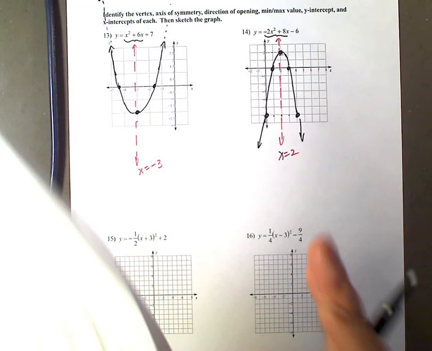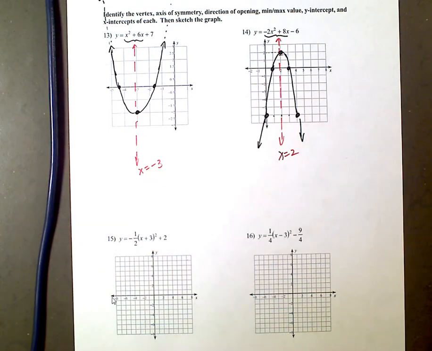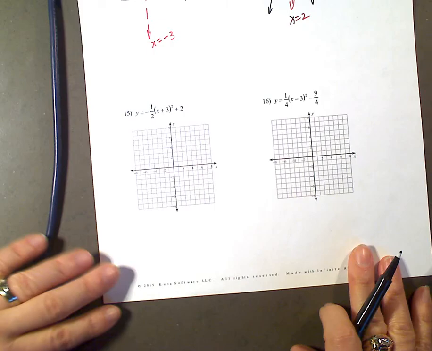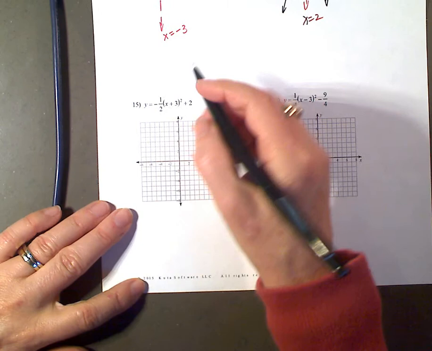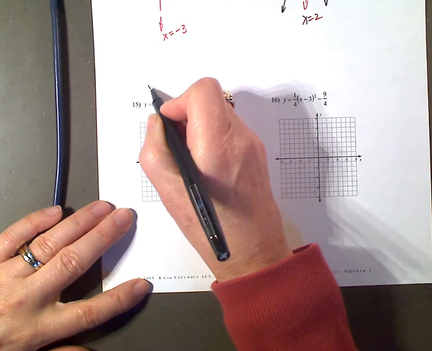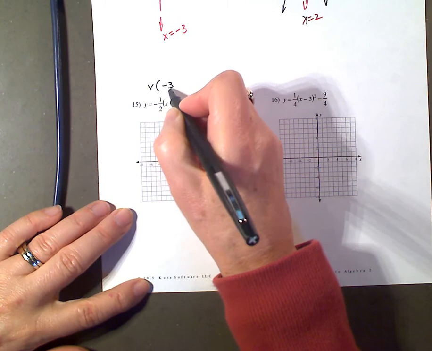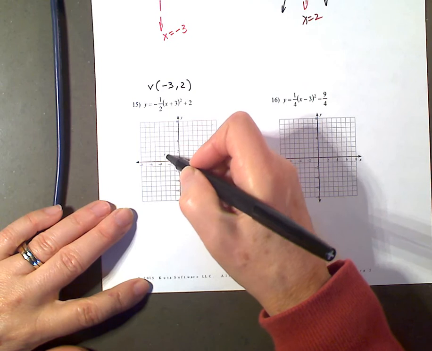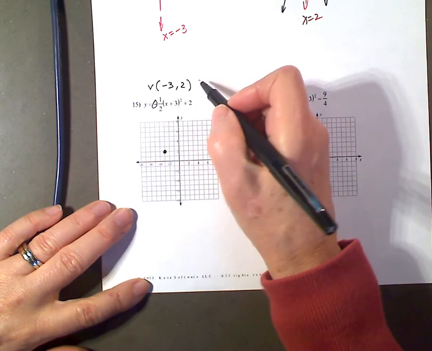So I'm going to take another sheet of paper. Whoops. And, well, maybe I don't need another sheet for the bottom ones because I've already got these in vertex form. So number 15, the vertex is at (-3, 2). A is negative, so this is going to open down.